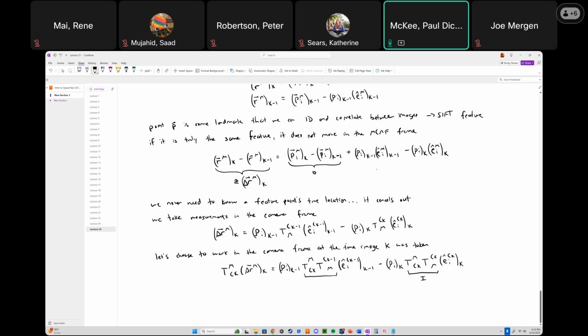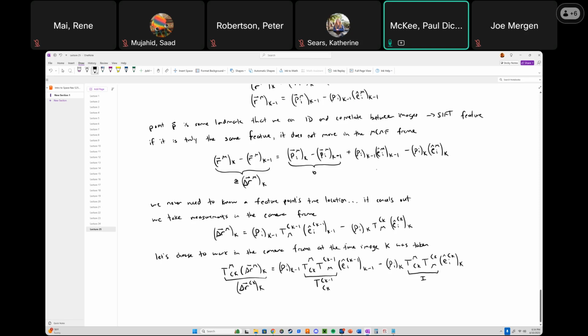These two matrices, so we're going from camera at time k minus 1 to the moon frame, and then the moon frame to camera at time k. This is just T ck minus 1 to ck, which is the rotation, right? So we have the rotation of the camera between the two times now expressed here explicitly. Finally, we're just going to call this delta R in the camera K frame at time K.